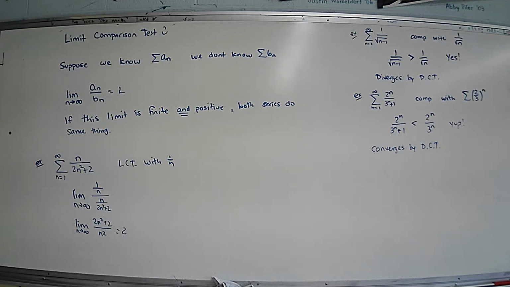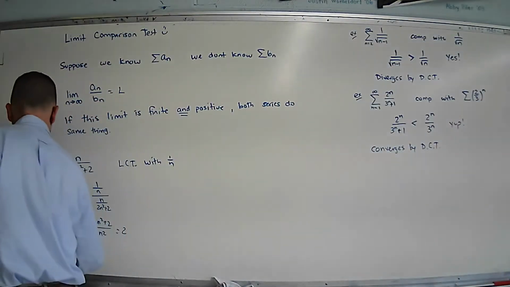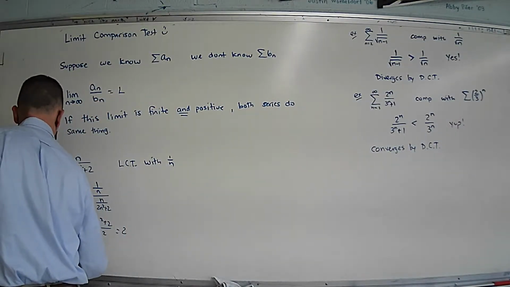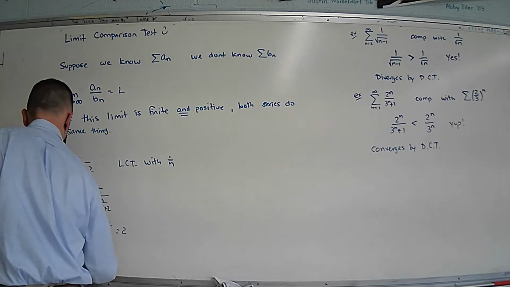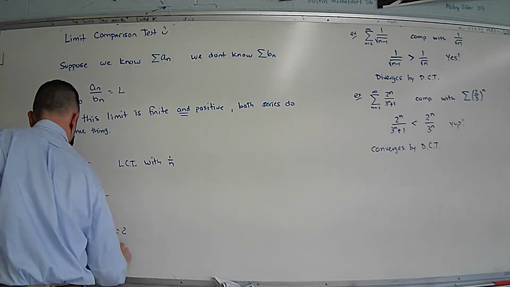Is 2 finite and positive? Yes. So what does it mean? Both series do the same thing. We started with 1 over n, which diverged. So the unknown series diverges by the limit comparison test.